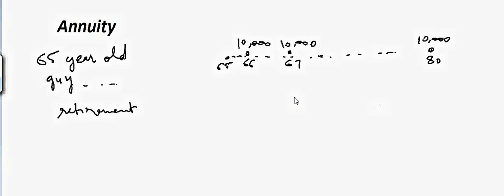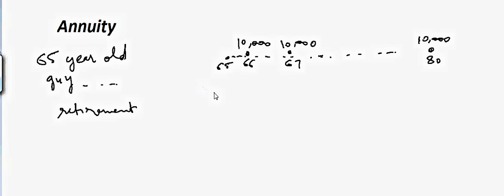When it comes to that calculation, we call this arrangement of cash flow annuities. And the question is how to calculate the present value of this cash flow in the future. So again, the periodic cash flow of the same amount for a given number of years is called the annuity. Now let's calculate the present value of this annuity.